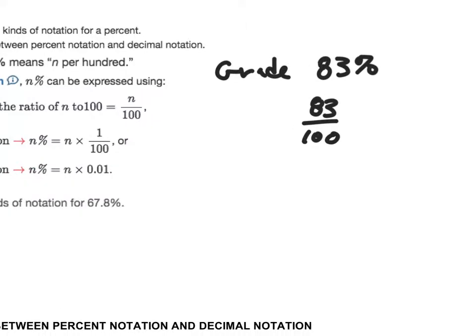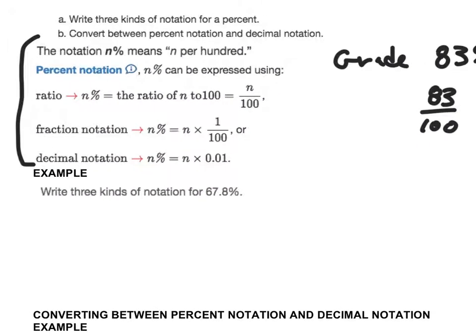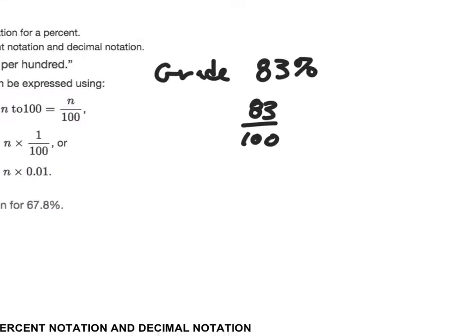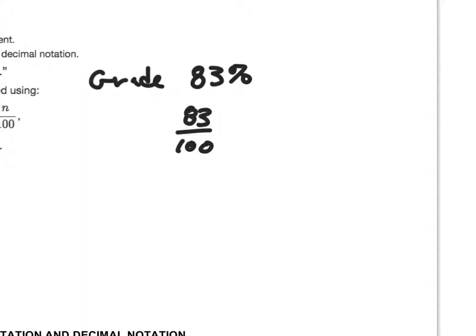So the first thing that you can do to convert n percent is to simply write it as n over 100, which is what I did here. Now, a way to manipulate this number, 83 over 100, is to think of it as 83 times 1 over 100.